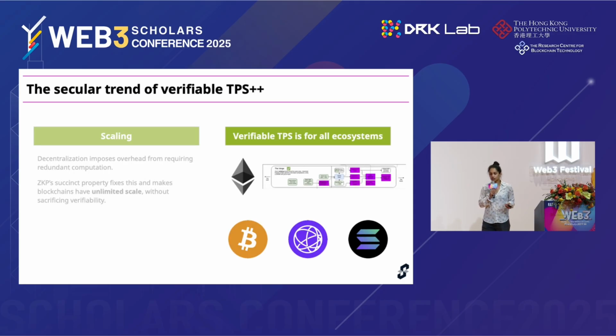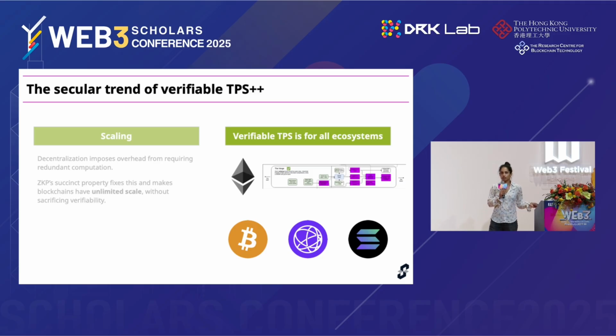So one interesting thing is typically people think of ZK as only useful for something like Ethereum. And here I have a piece of the Ethereum roadmap where the parts that utilize ZK are highlighted in pink. But in reality, even all ecosystems outside of Ethereum are kind of realizing that ZK is the way that they're going to scale.